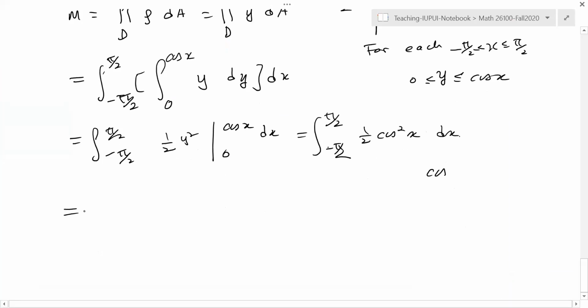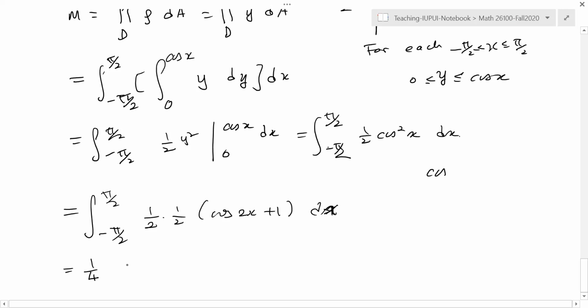So this is going to be the integral from -π/2 to π/2 of 1/2 times (cosine 2x plus 1) dx. Then you find the antiderivative of this function. Let's take 1/4 outside.